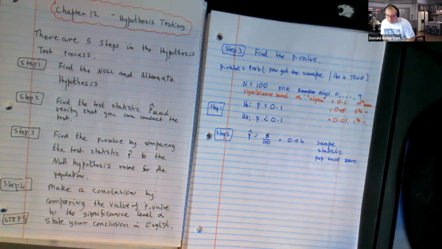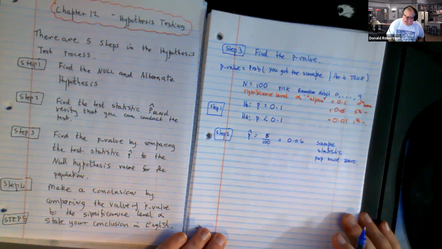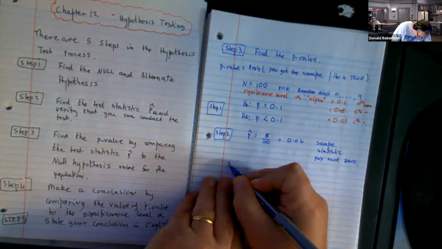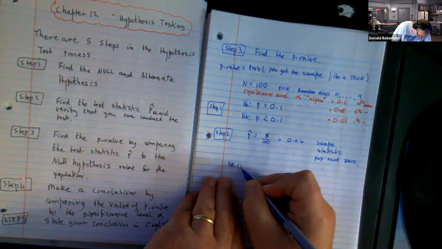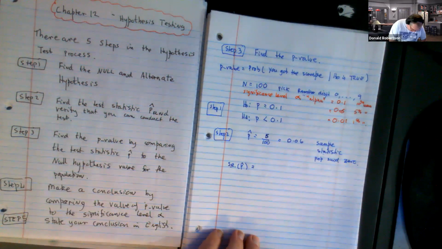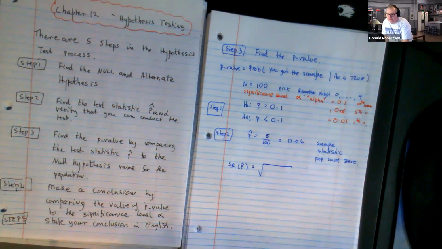Things happen that are weird. That's one of them. So far, so good. Right, so what we're now going to calculate is the standard error of p hat. So there's a lot of overlap here, isn't there? Can anybody remember the formula for the standard error?